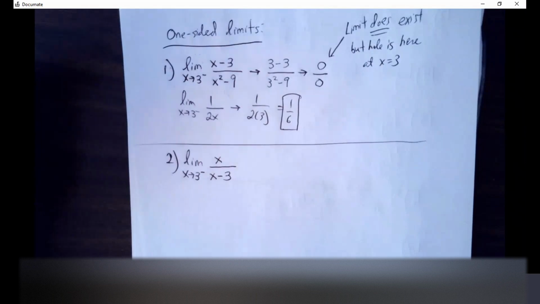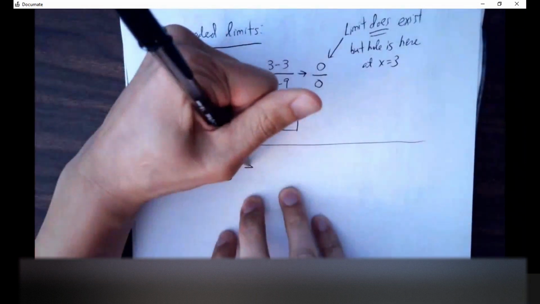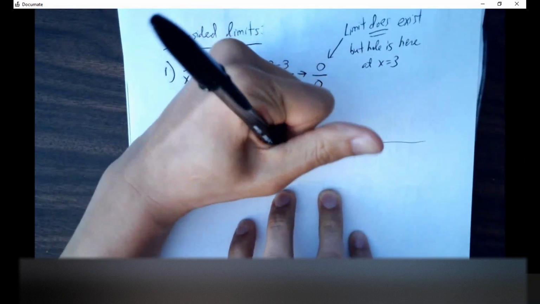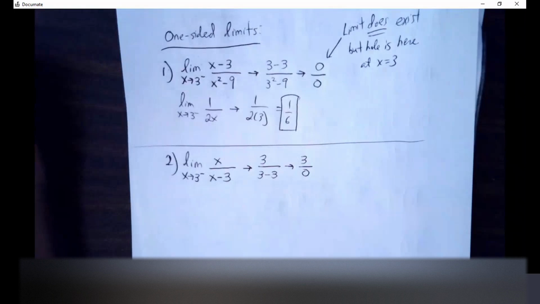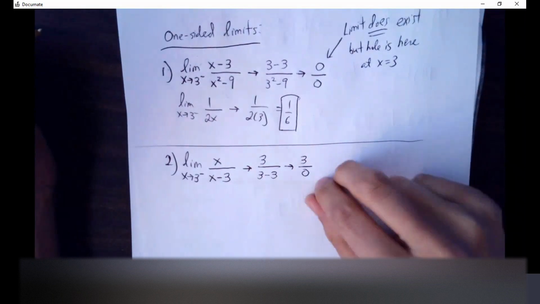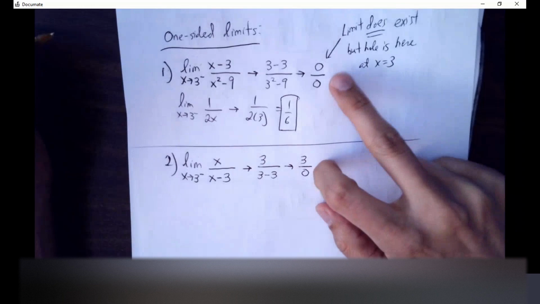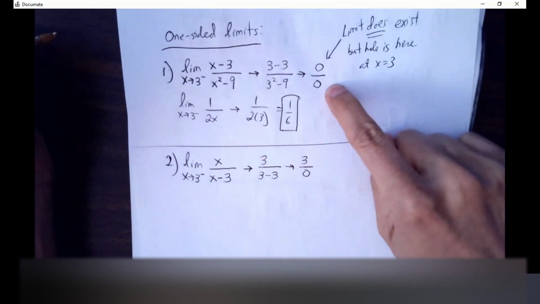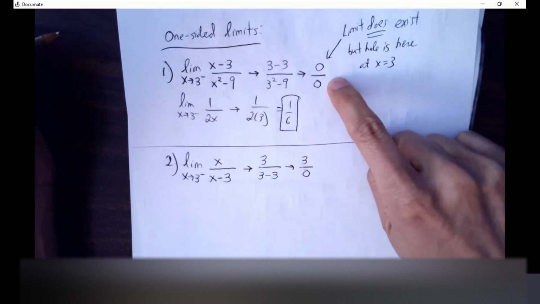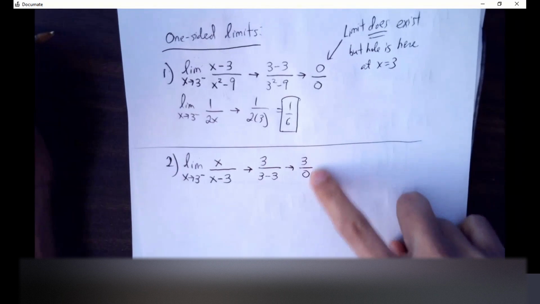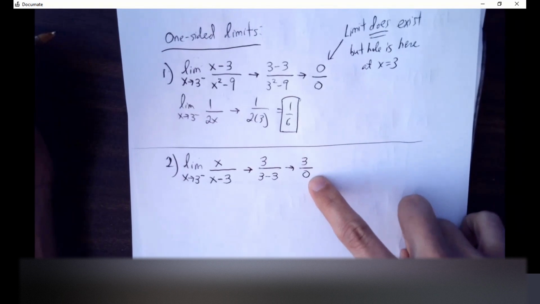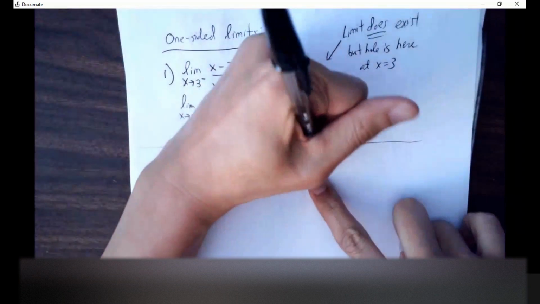We're going to evaluate the limit. We'll get 3 over 3 minus 3. And now this is telling us something different. Okay. So both of these are discontinuities, but this one is one where there's a hole in the graph, but the limit still exists. This is a jump discontinuity. This means that there is a vertical asymptote. The limit does not exist.